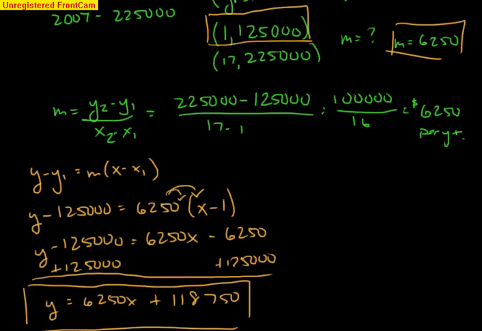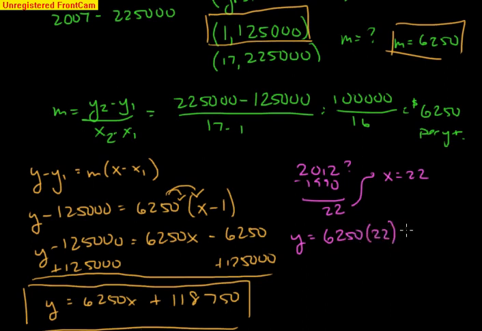So there was a follow-up question. It said, what is the value in 2012? Well, we need the x value that goes along with 2012. Remember, x is the years from 1990. So if you subtract 1990 from this, you will come out with 22. This is your x value, 22. So in the equation y equals 6,250, you're going to put 22 in place of x, plus 118,750.